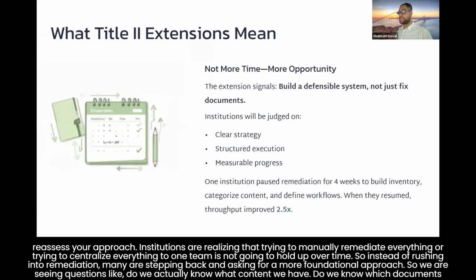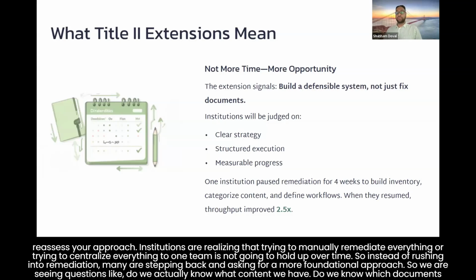Institutions are realizing that trying to manually remediate everything, or trying to centralize everything in one team, is not going to hold up over time. So instead of rushing into remediation, many are stepping back and taking a more foundational approach. We are seeing questions like: do we actually know what content we have?